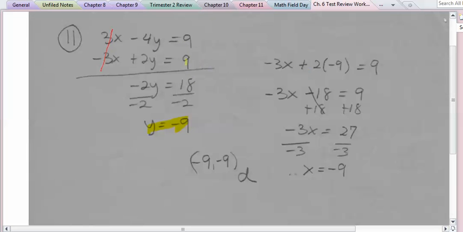Okay, so now I went back up to, it looks like the bottom problem here, because it was a positive, I put the negative 9 here. Got negative 18. Okay, I want to get numbers on one side, letters on the other, so I move that over here to the other side to make it a positive 18 divided by negative 3, and I got 9, so negative 9, negative 9, that's number 11.